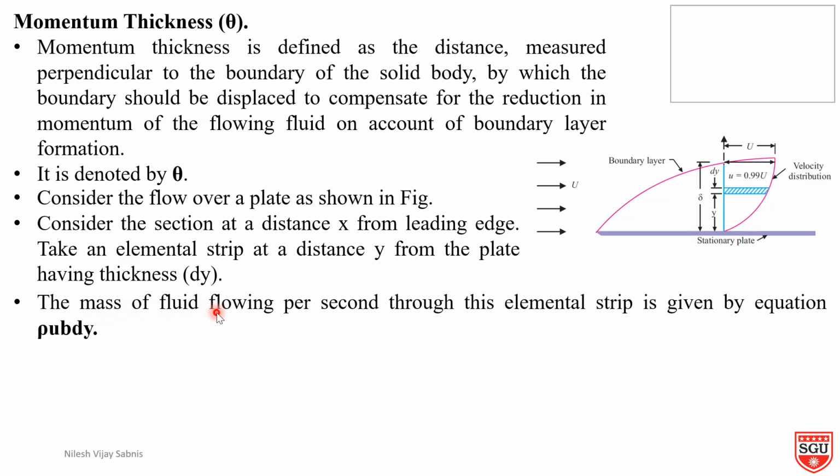The mass of fluid flowing per second through that elementary strip is given by the equation rho u b dy. Rho is the density, u is the velocity at distance y, b is the width of the plate and dy is the thickness. b into dy is the area, u is the velocity, area into velocity is the discharge, multiplied by rho is the mass of fluid flowing per second.